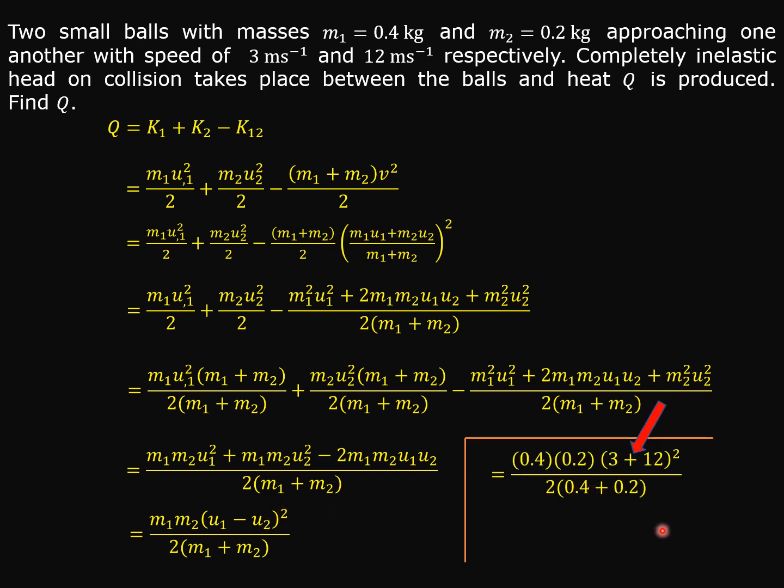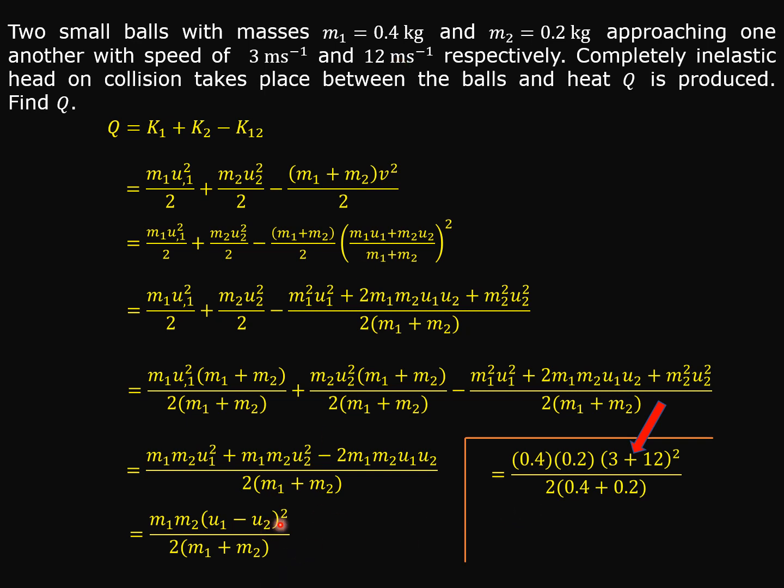Now is the time to substitute values. For m1, the mass is 0.4 kg, m2 is 0.2 kg, and u1 is the velocity of mass 1, so it is 3. Then u2 is the velocity of ball 2, which moved to the left before the collision.